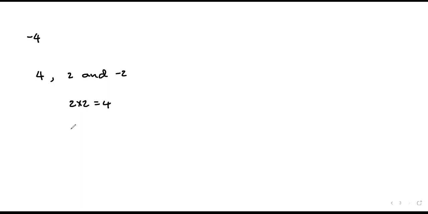And if I get negative 2 times negative 2, I will get 4. So that's why the square root of 4 is 2 and negative 2. But now, what about negative 4? Is there any number that we can multiply by itself and we get negative 4? I think no. So it means that there is no square root of negative 4.